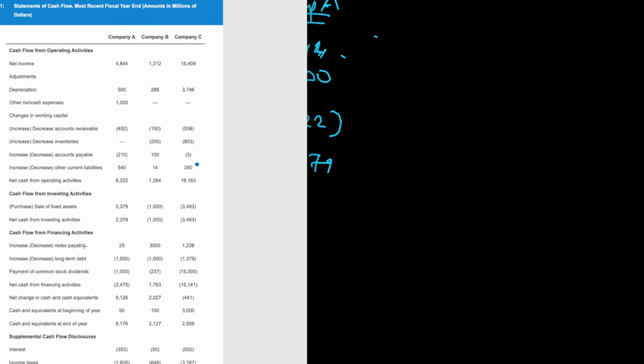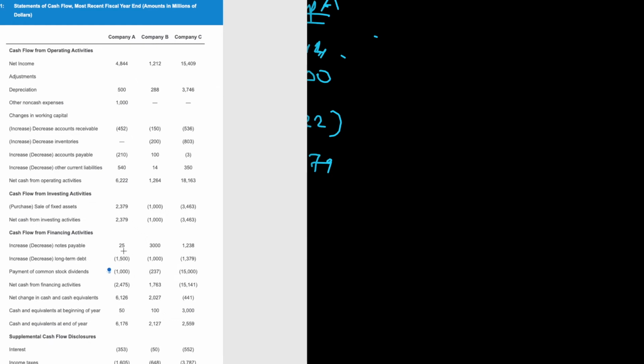So net borrowing will come in financing activities. See here. So total there are three transactions here. One is notes payable, long-term debt, and then stock dividends payment. So stock dividend payment I will not consider because that is not actual raising capital or repayment of capital. So I will go for only notes payable and long-term debt.